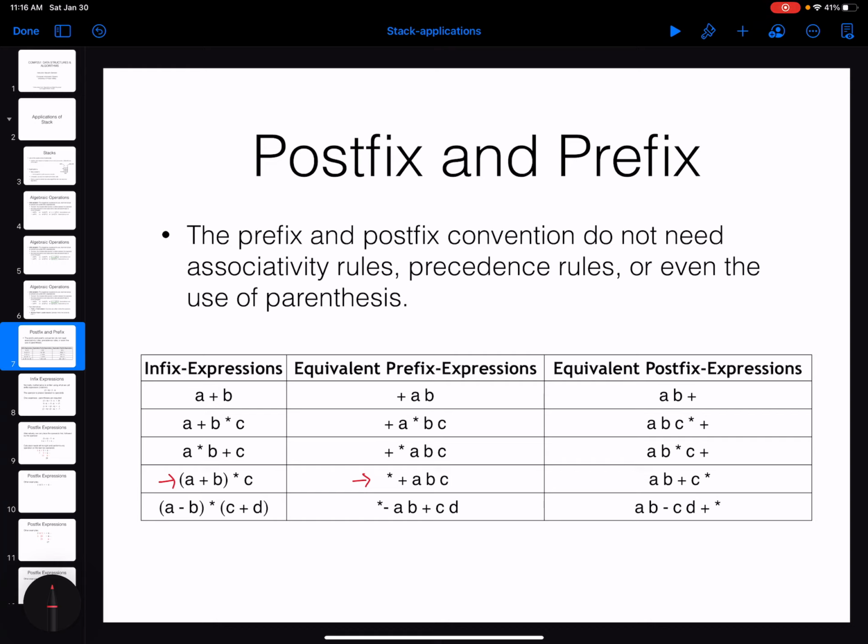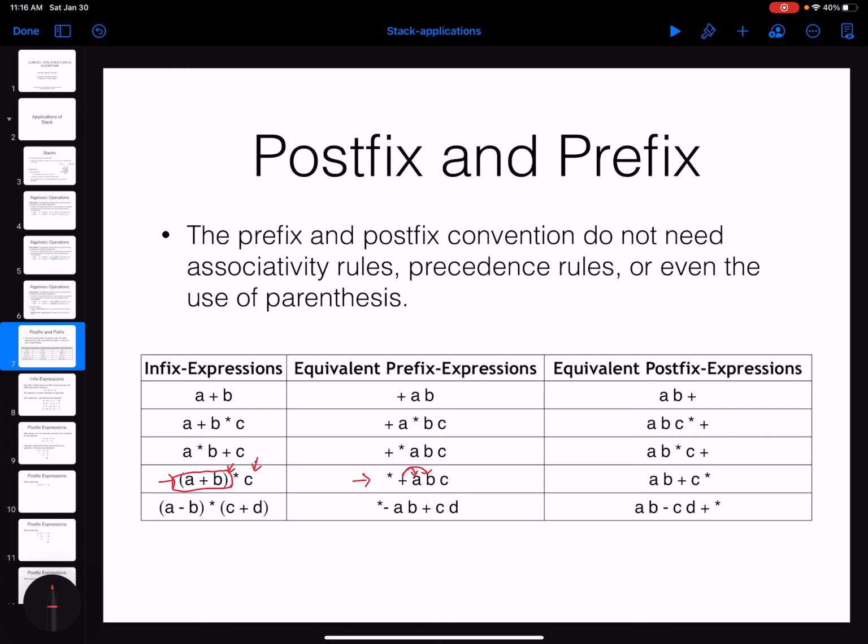The reason is that, for example, when you write a plus b in parentheses multiplied by c, you mean to apply the addition first, and then multiply the result by c. When you look at the prefix notation, for plus, the operands should come after, so it's going to be A and B. When you read it, there is no other way to interpret this expression. It is not ambiguous anymore.